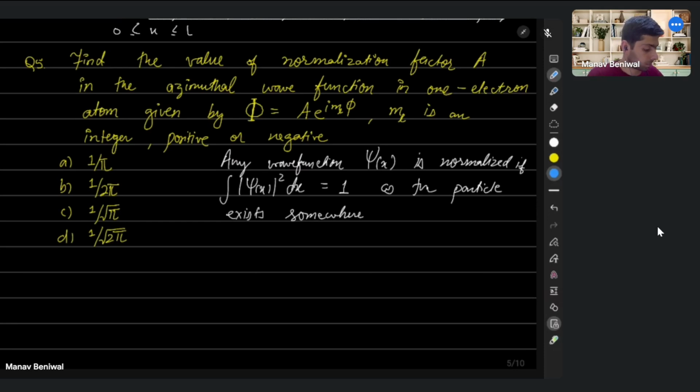For this problem our integral will go from 0 to 2 pi, and instead of psi x we will have phi, so the integral from 0 to 2 pi of mod phi squared d phi should be 1.